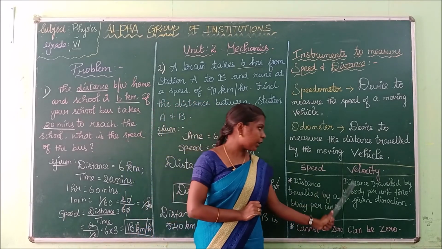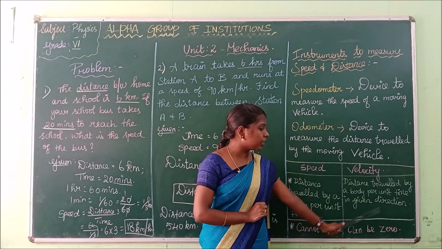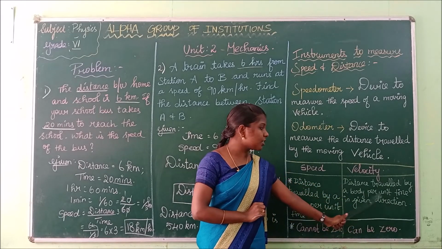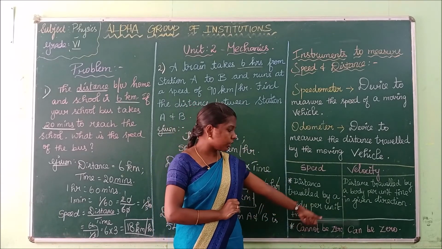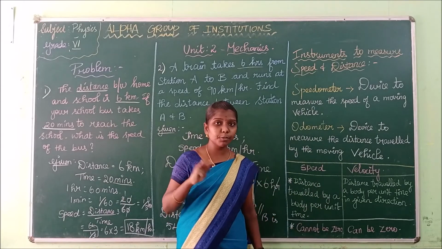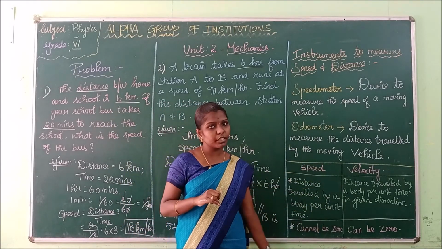What is velocity? Velocity is distance travelled by a body per unit time in a given direction. Next, speed cannot be 0, velocity can be 0. Another difference is speed is a scalar quantity, velocity is a vector quantity.